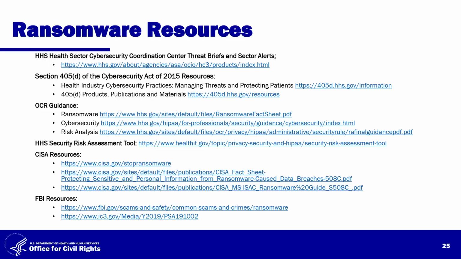The HHS Health Sector Cybersecurity Coordination Center provides threat briefs that highlight relevant cybersecurity topics and raises the healthcare and public healthcare sector's situational awareness of current cyber threats, threat actors, best practices, and mitigation tactics.